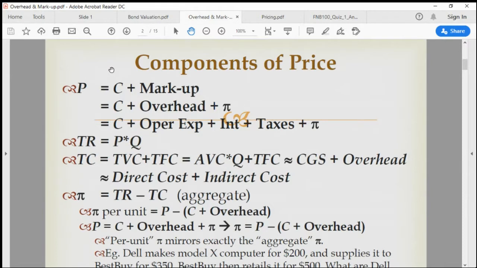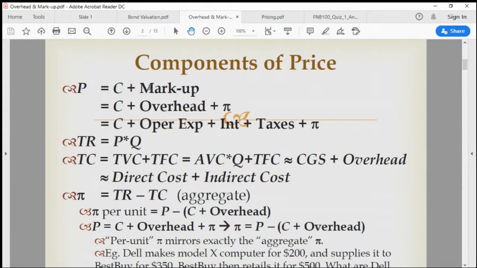Now, you might think, if we break down the price, wouldn't it be cost plus profit margin? Generally they call it profit margin, but it is not exactly the profit margin. Why? Remember, we used an example of a Dell computer.